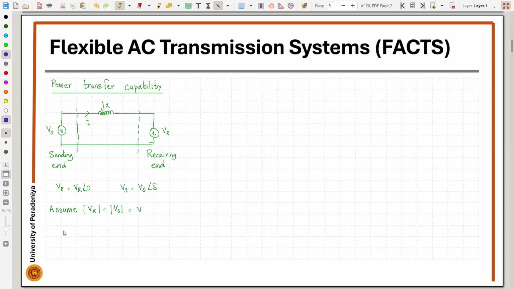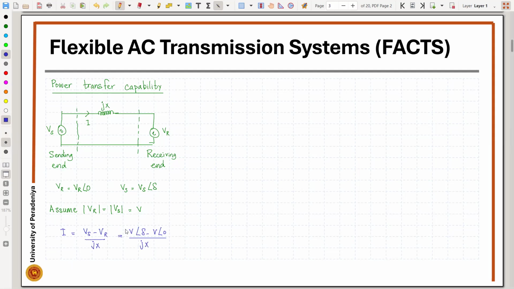Okay, so we can write the equation for the current. So I is equal to Vs minus Vr over jX, which we can write as V angle delta minus V angle 0 over jX.